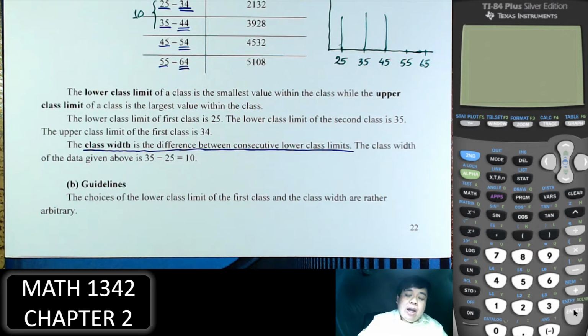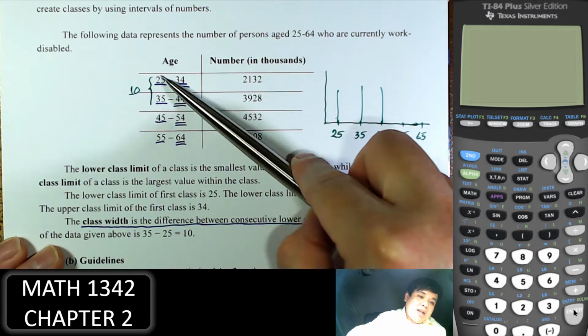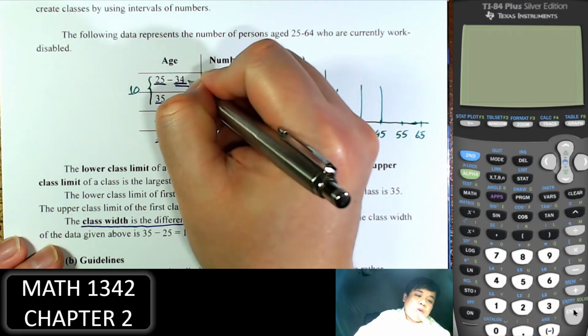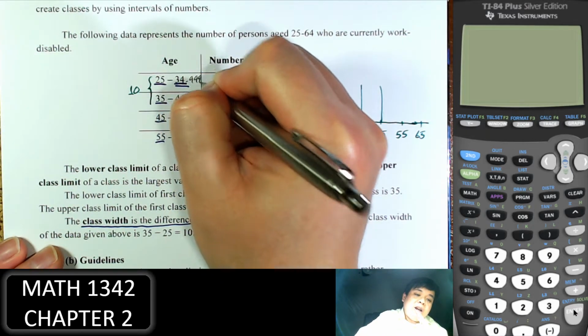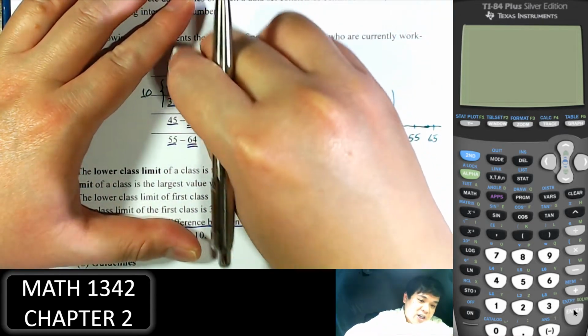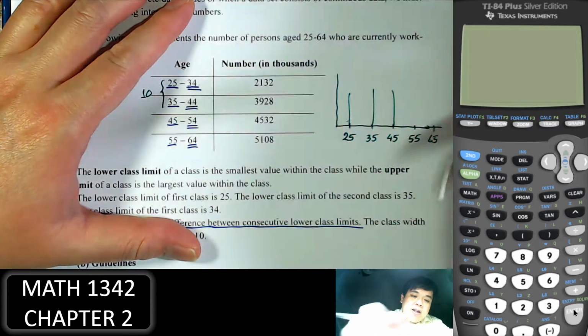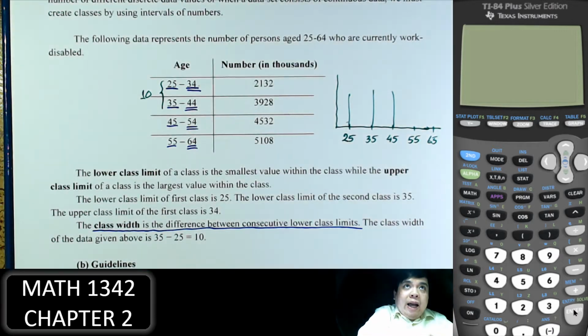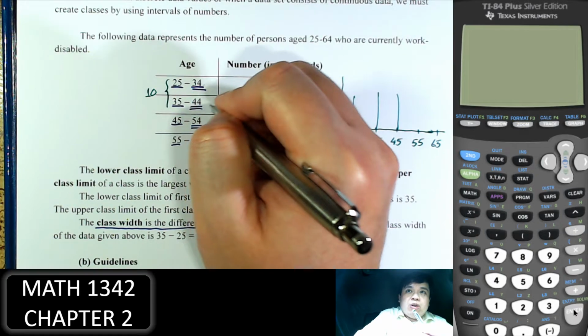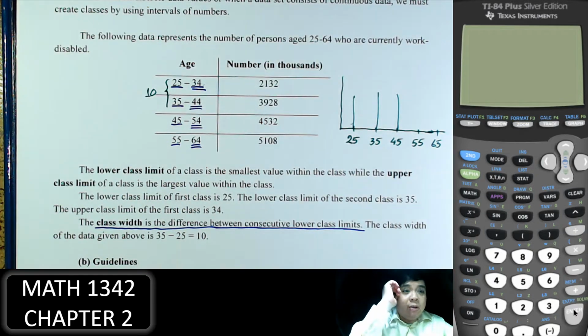By the way, when we put this into classes, we don't say 25 to 34.9999, but we actually mean 34.9999, and then 35 is exactly 35.00001, and then it goes on, right?